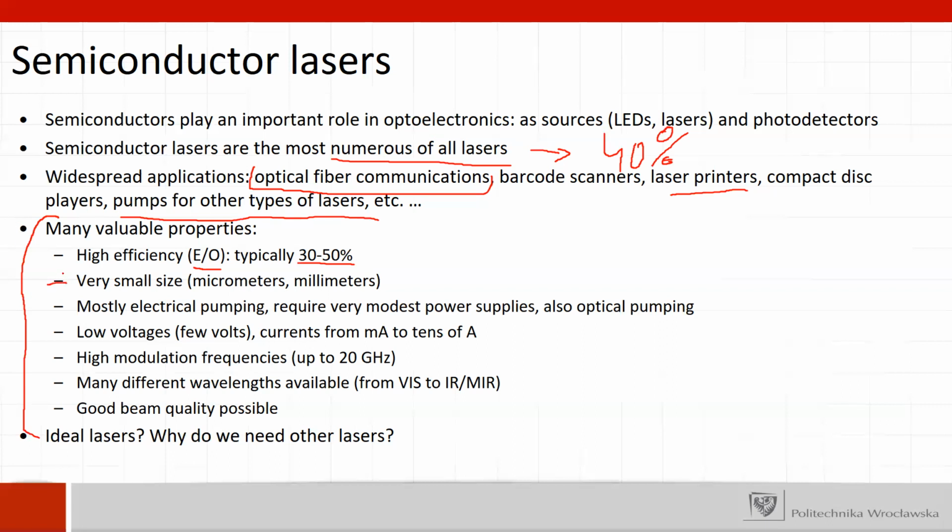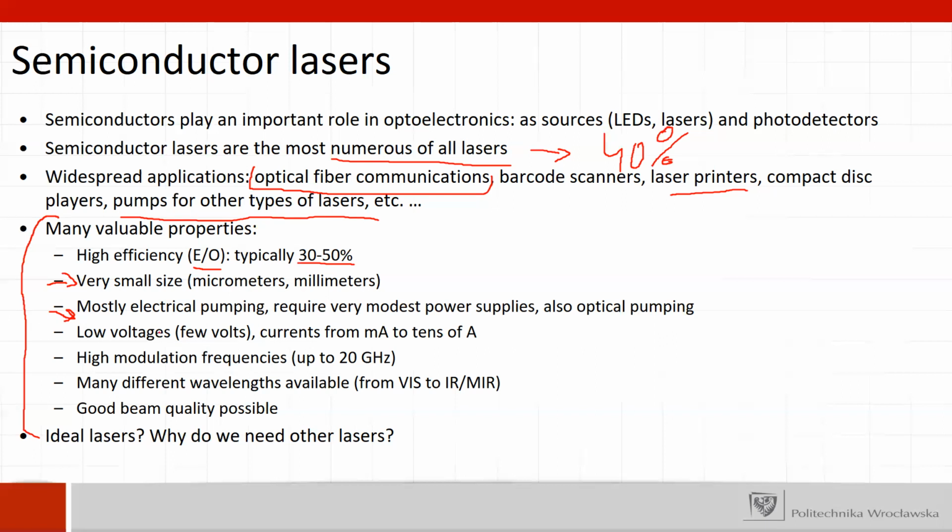Second thing, they have a very small size. So the semiconductor structure has the size of some micrometers. So the whole device can be closed in a housing that has some few millimeters. We pump them electrically. So this is really easy because we just need a stable power supply, just a current source. And by that, we can just pump the laser.